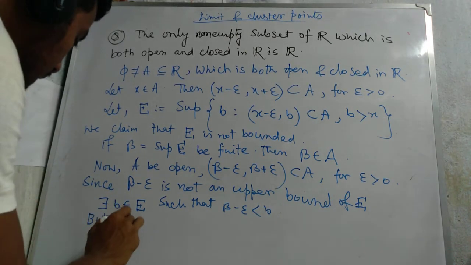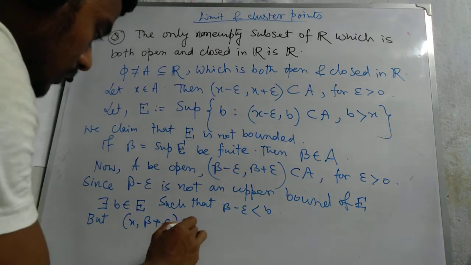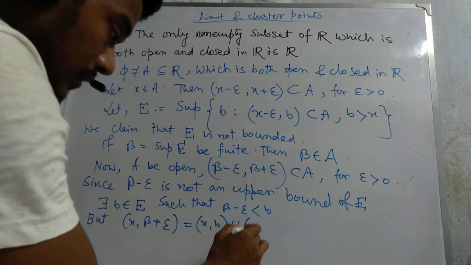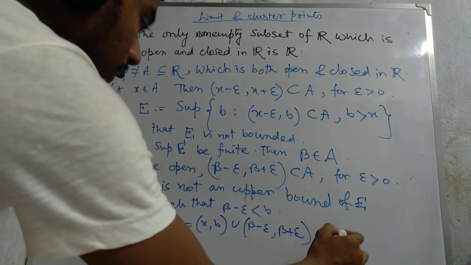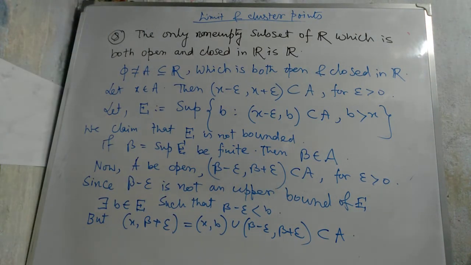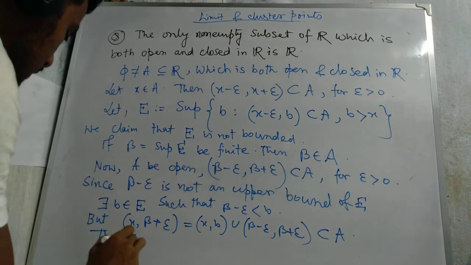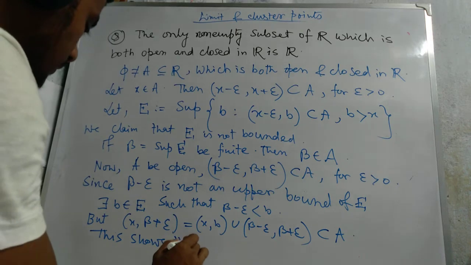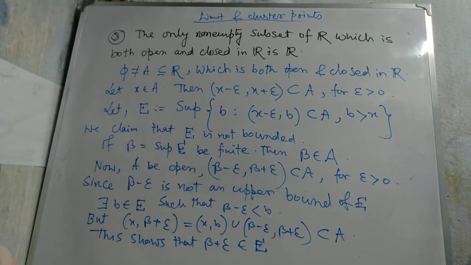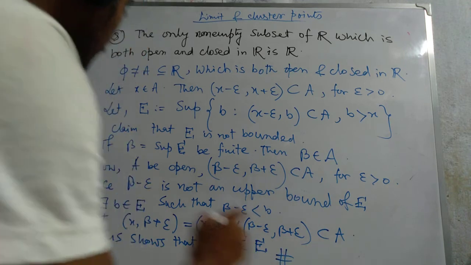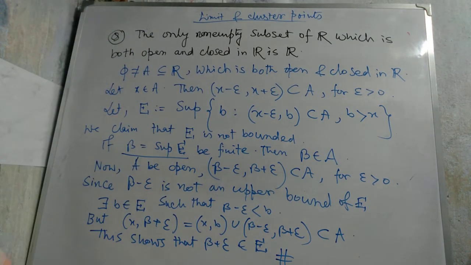But (x, beta plus epsilon) equals (x, beta) union (beta minus epsilon, beta plus epsilon), a subset of A. Then this shows that beta plus epsilon belongs to E. So a contradiction to the fact that beta equals supremum of E, because beta plus epsilon also belongs to E.